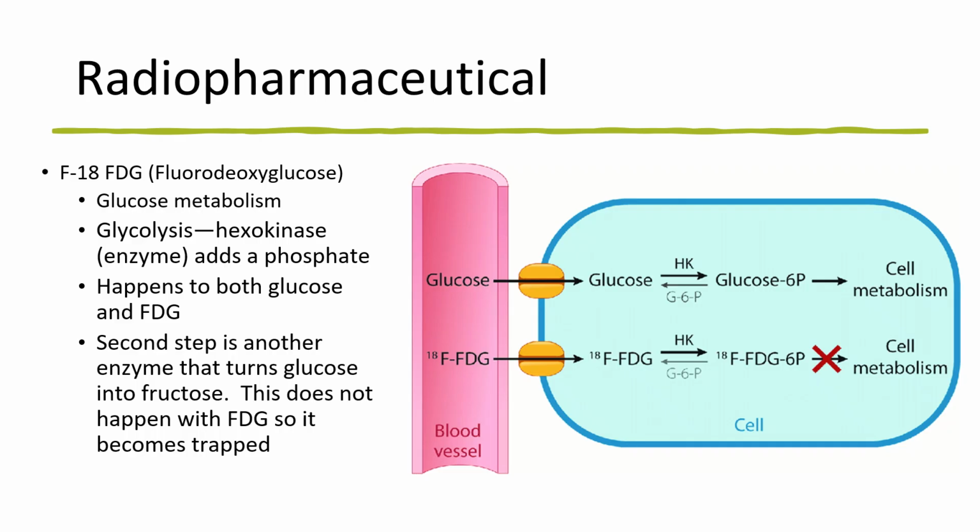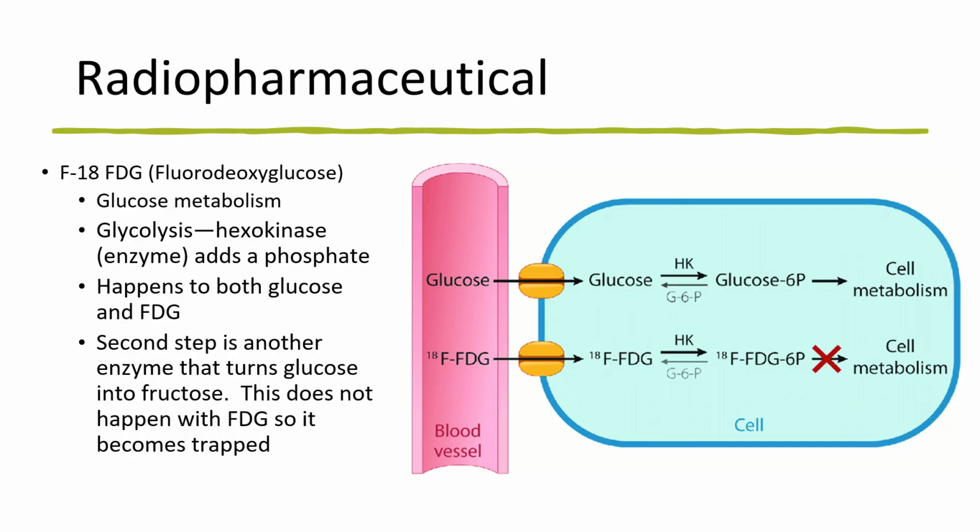That doesn't happen with FDG. That enzyme does not convert that, and so it doesn't participate in cellular metabolism. So that means a couple of things. First of all, the FDG gets transported into the cell just like sugar, but then it gets trapped there. It never goes any further, it never metabolizes.